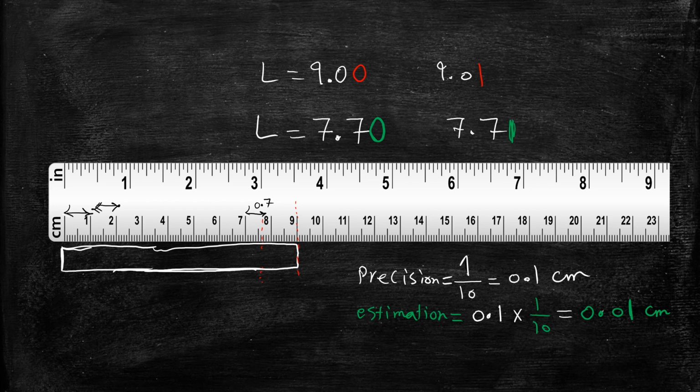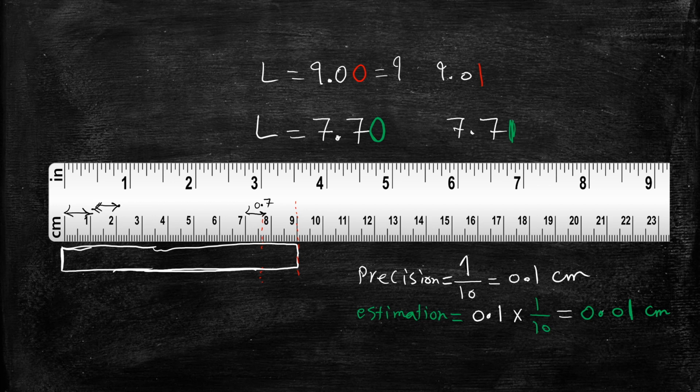So these numbers, 9.00, even though in mathematics that equals 9, in physics, in science, in chemistry, these zeros after the decimal point are significant. And they matter. They communicate the precision of the measurement tool that was used to measure that length.